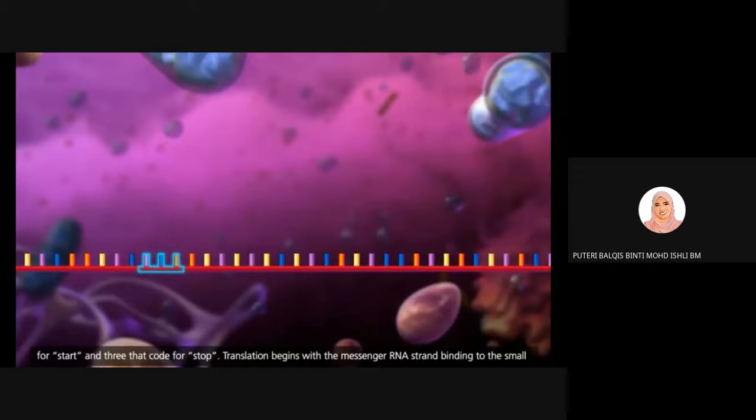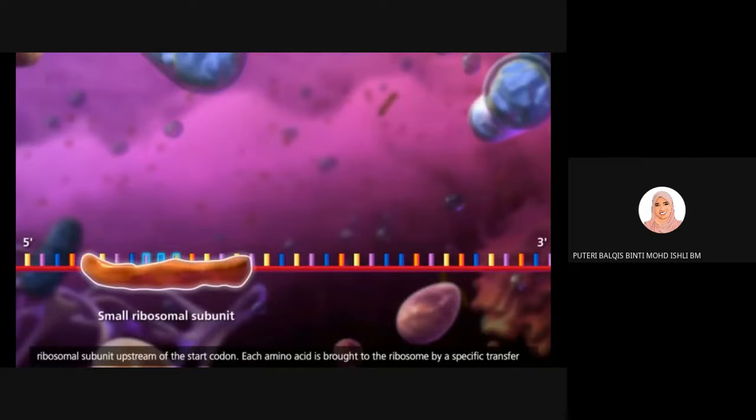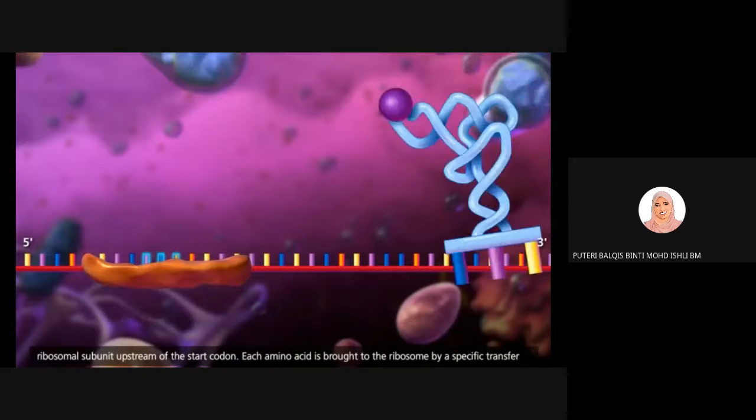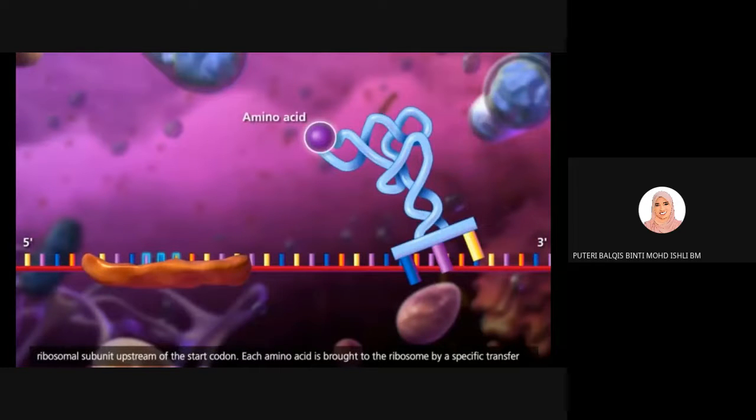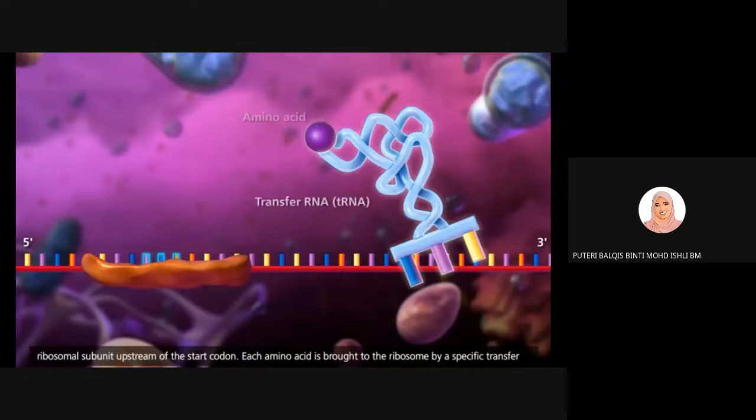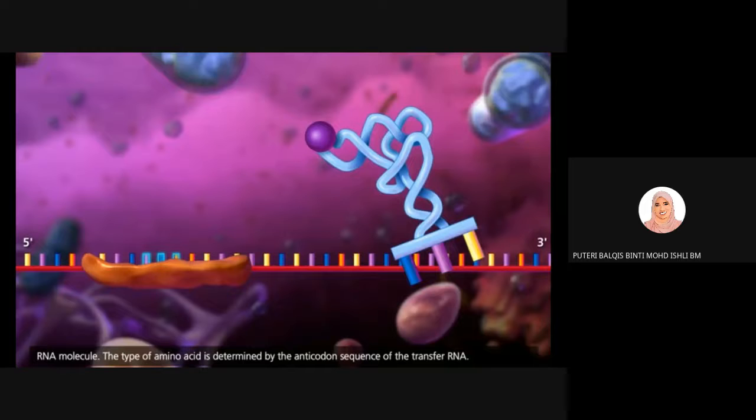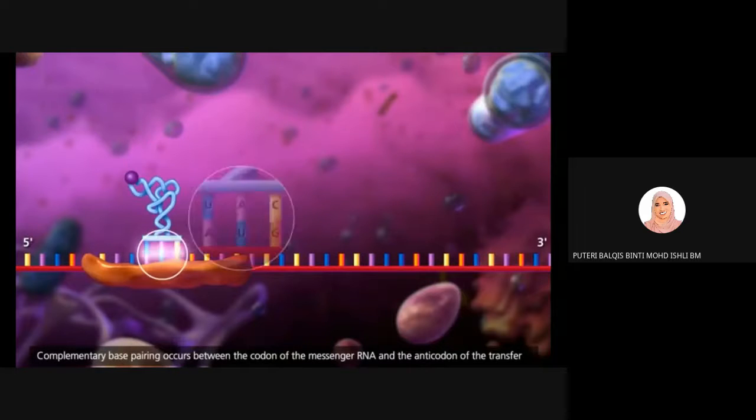So this is small ribosomal subunit. Small ribosomal subunit bind to the mRNA, and then the initiator tRNA, which bring amino acid methionine, will bind to the start codon.